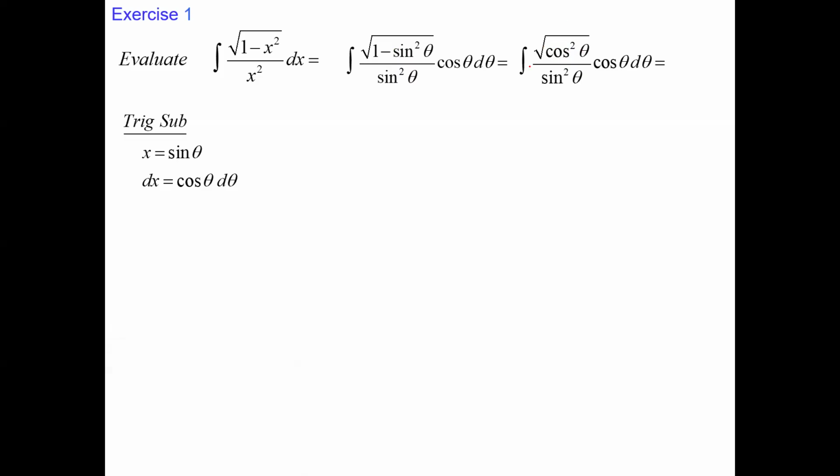Now the square root and square can be cancelled out. It's just cosine theta. We managed to rewrite without the square root. Cosine times cosine is cosine squared theta.